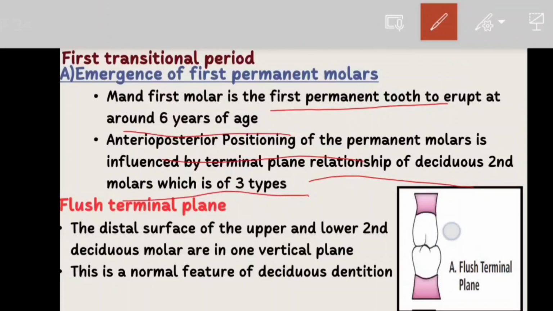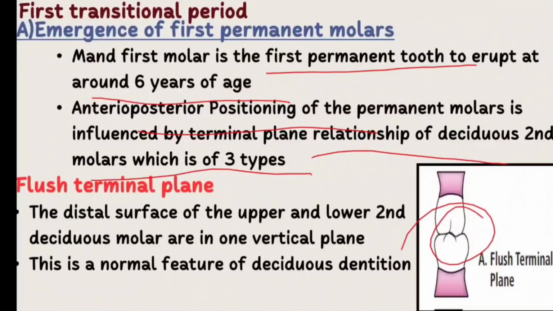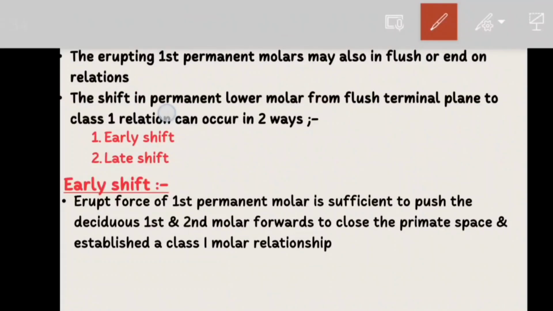Okay, so first you see the flush terminal plane. Here they may show the flush terminal plane position relation. The shift of the permanent lower molar from flush terminal plane to class 1 relation can occur in 2 ways: either an early shift or a late shift.